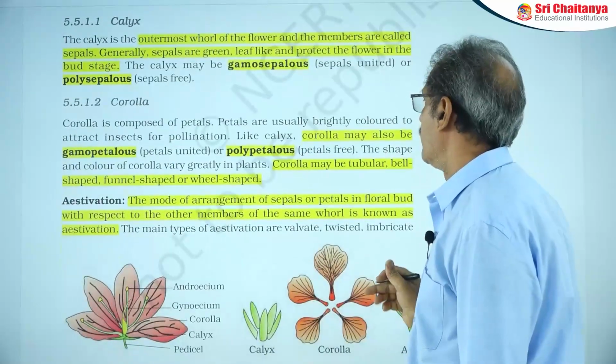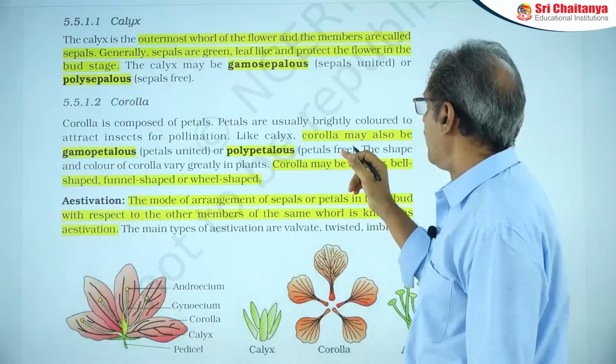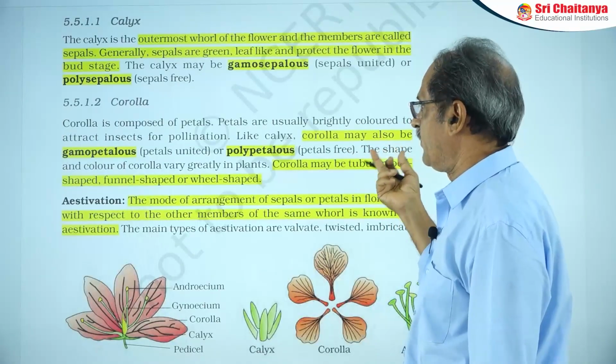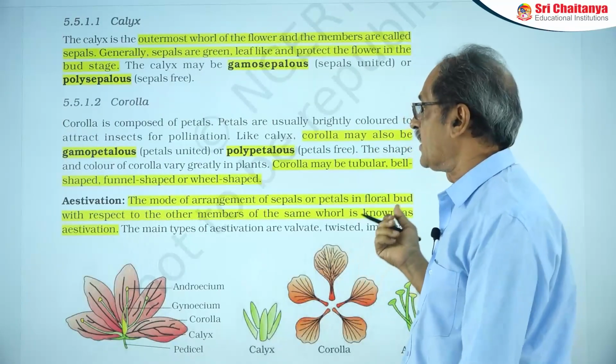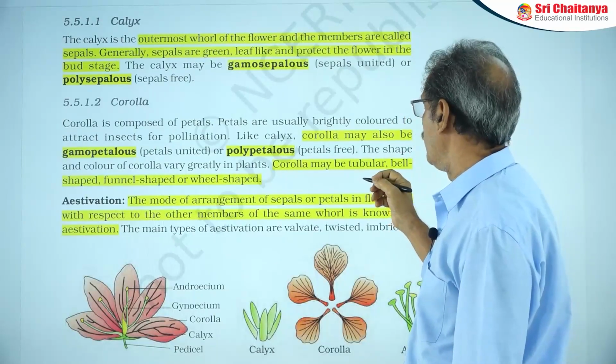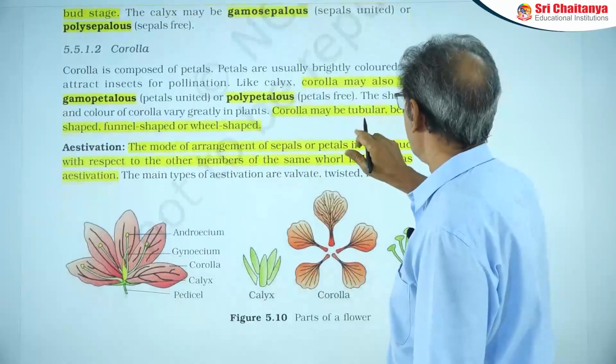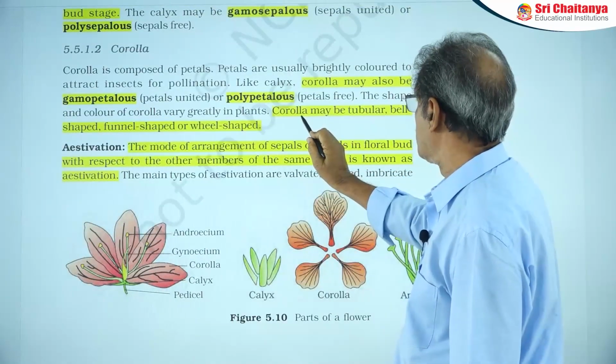Corolla, second whorl, is composed of petals. Petals are brightly colored, mainly to attract the insects and others for pollination purpose. Same, polypetalous or gamopetalous. Here he quoted the important shapes.